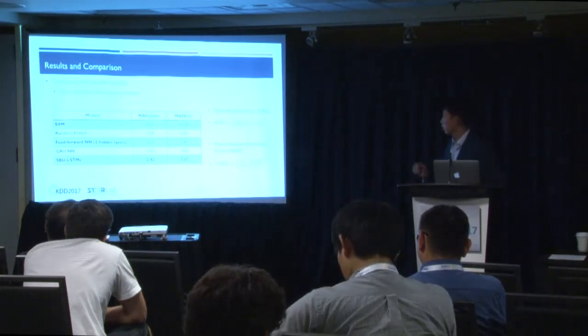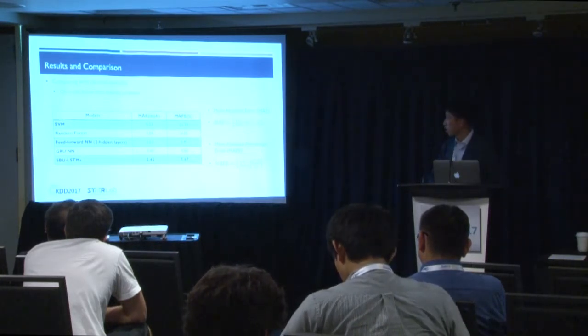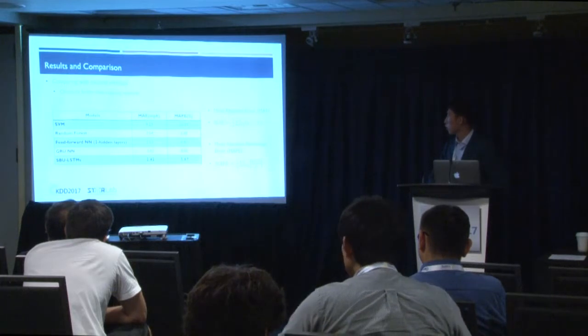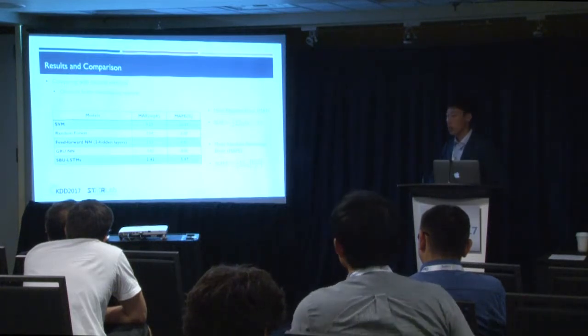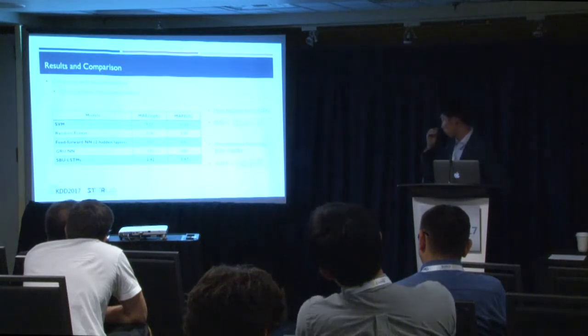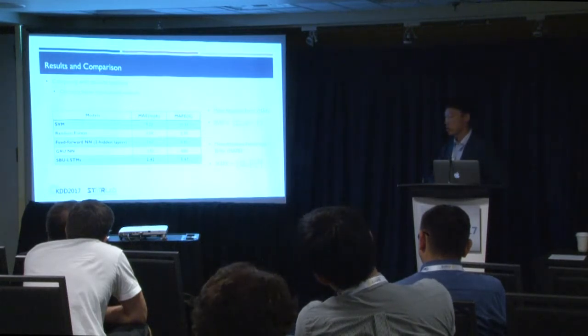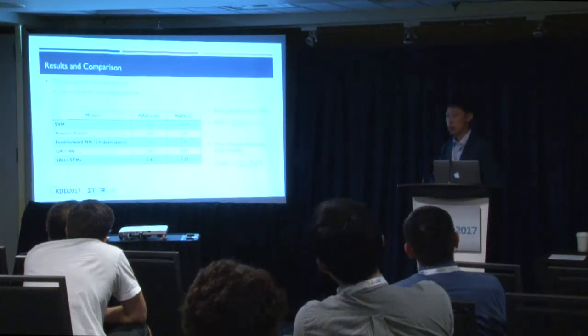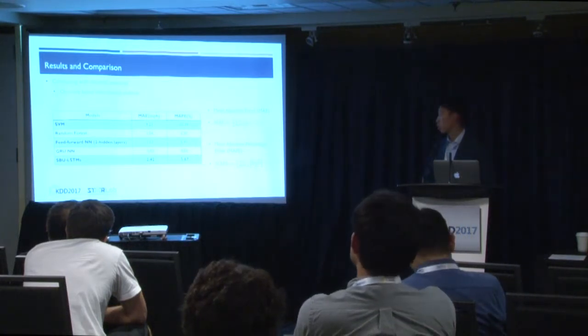We measure our model using the mean absolute error and the mean absolute percentage error. Both metrics show that our model works best, but you can also see the random forest and the feed-forward network also work very well.